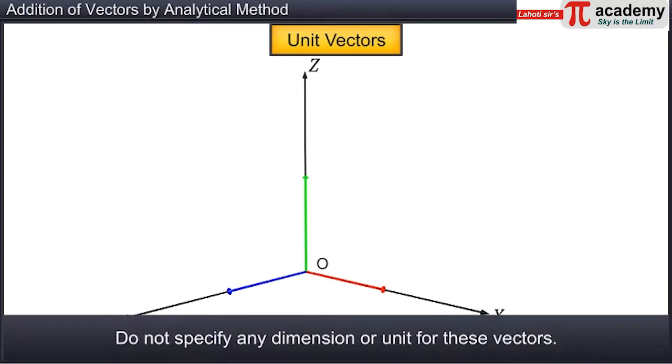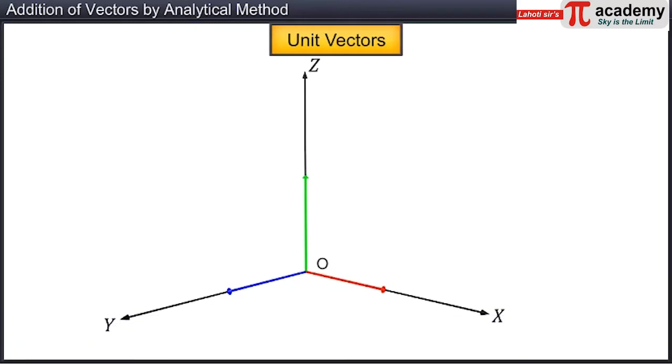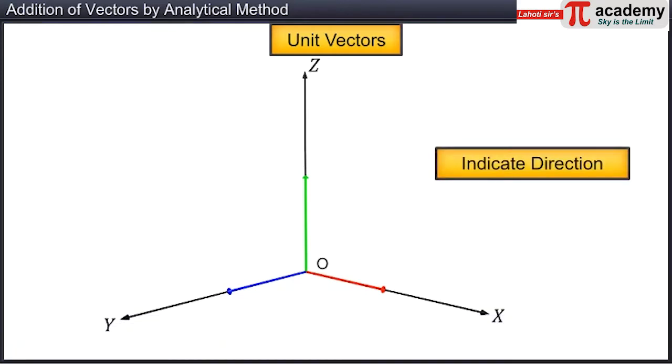You do not specify any dimension or unit for these vectors. They only indicate direction. Unit vectors along the direction of the x, y, and z axis of the rectangular coordinate system are denoted by i cap, j cap, and k cap respectively.